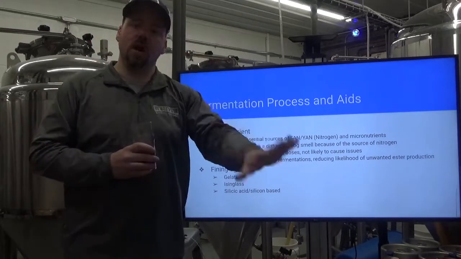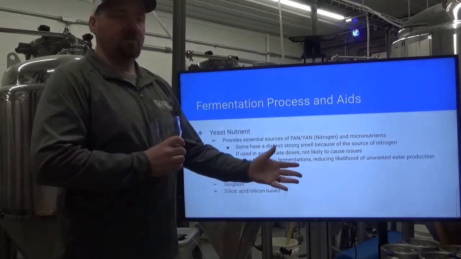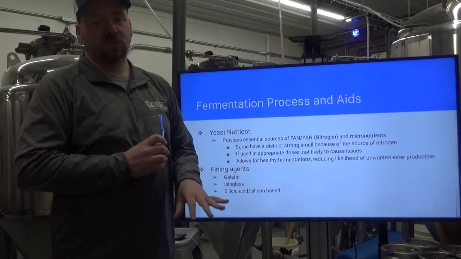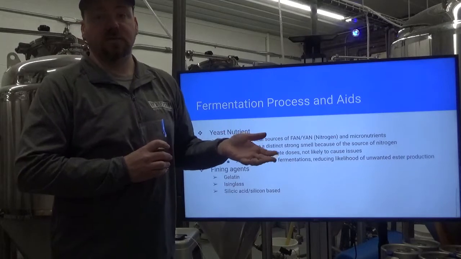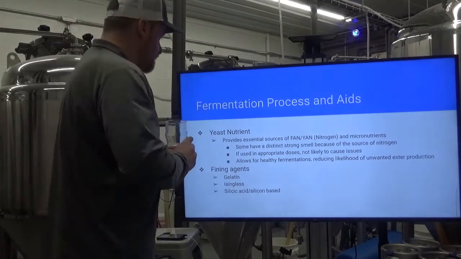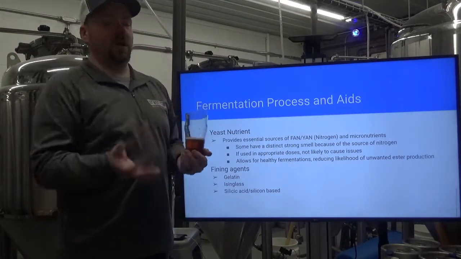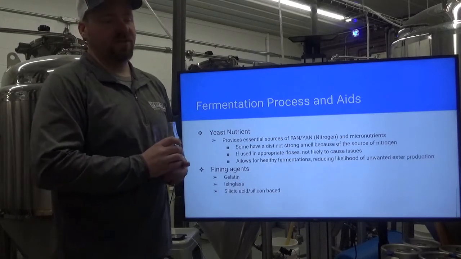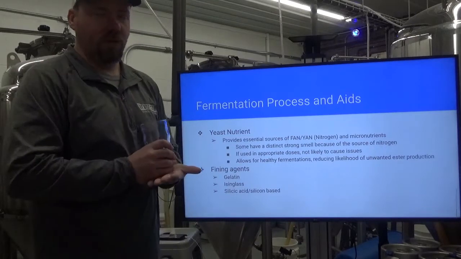They will help drop those out of suspension and thereby change the flavor of your finished product by reducing, like I said, the yeast load, the yeast in suspension. Because if you've ever had a yeasty pour of a beer that's not intended to be a yeasty pour, it's very distracting and just really off-putting.